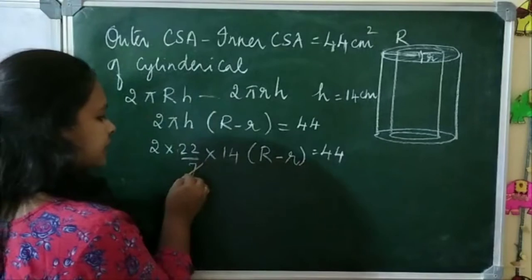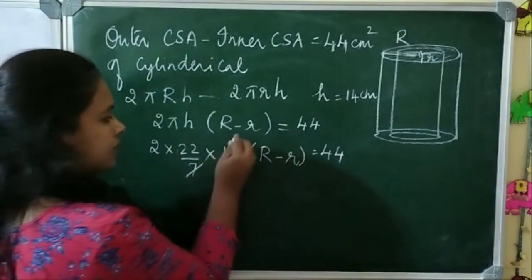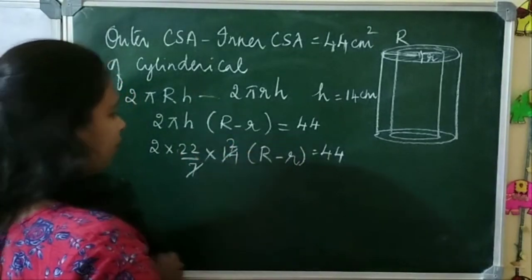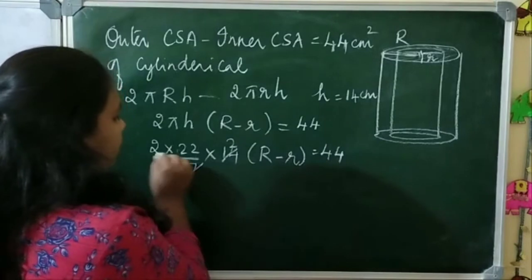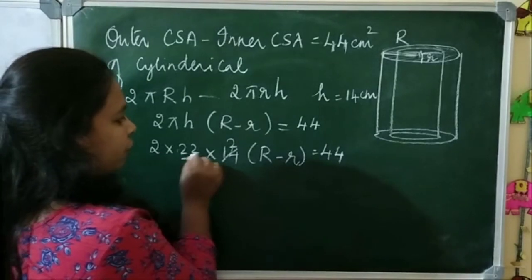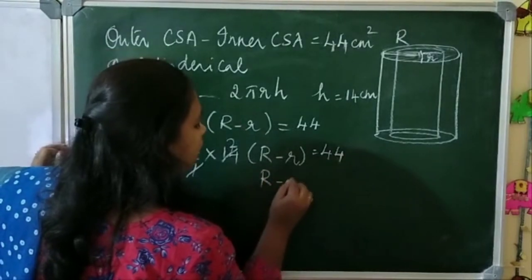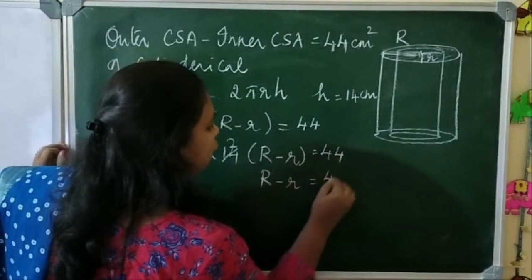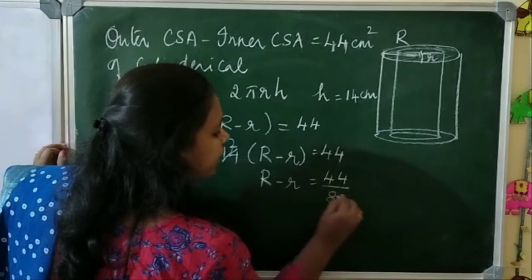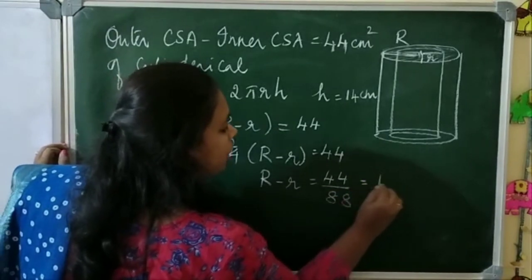So now this 7 and 14 will get cancelled, which is equal to 2. So here it is 2 into 2, 22 is 44, 44 into 2 is 88. So capital R minus small r is equal to 44 by 88, which will be equal to half.